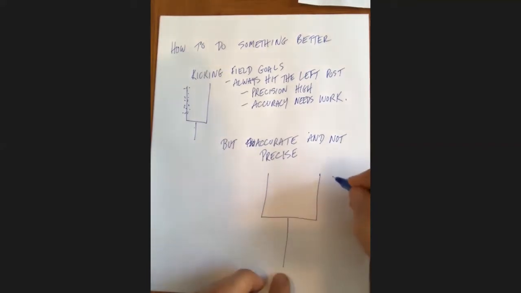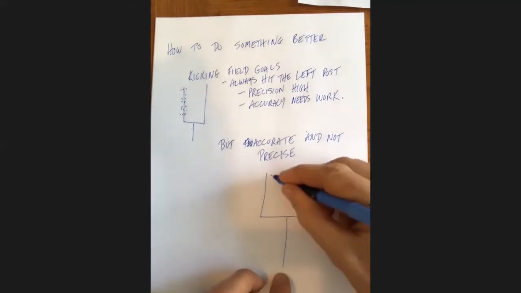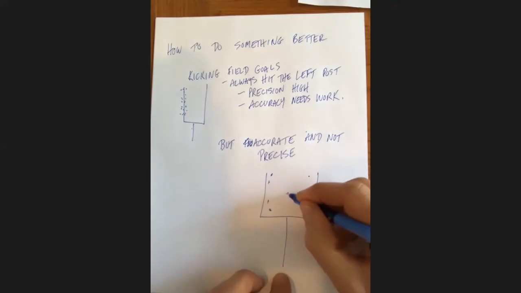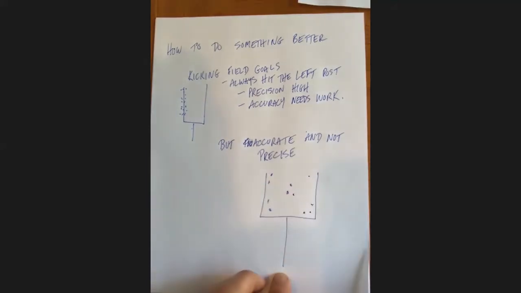Sometimes in the bottom corner, sometimes the top corner, maybe a few clean shots through the middle, maybe some too low. But you're accurate, but you're not very precise. And so how would you improve upon that? How would you want to practice being more precise?